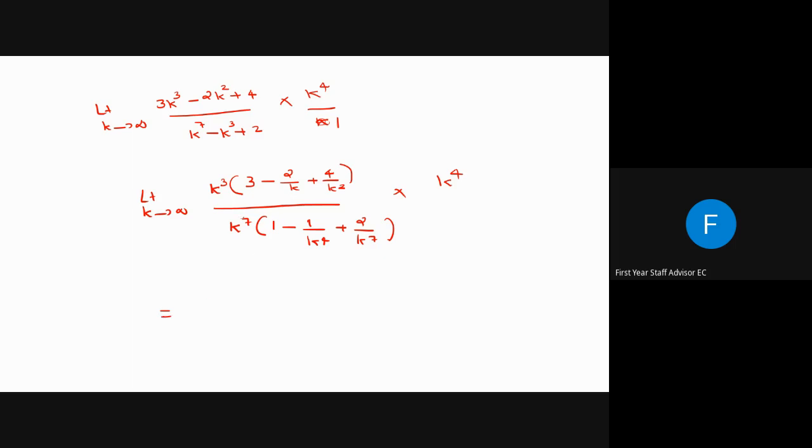So here k raised to 3, k raised to 4, k raised to 7 cancel. Give the value of k tends to infinity: 3 minus 2 by infinity plus 4 by infinity, divided by 1 minus 1 by infinity plus 2 by infinity.